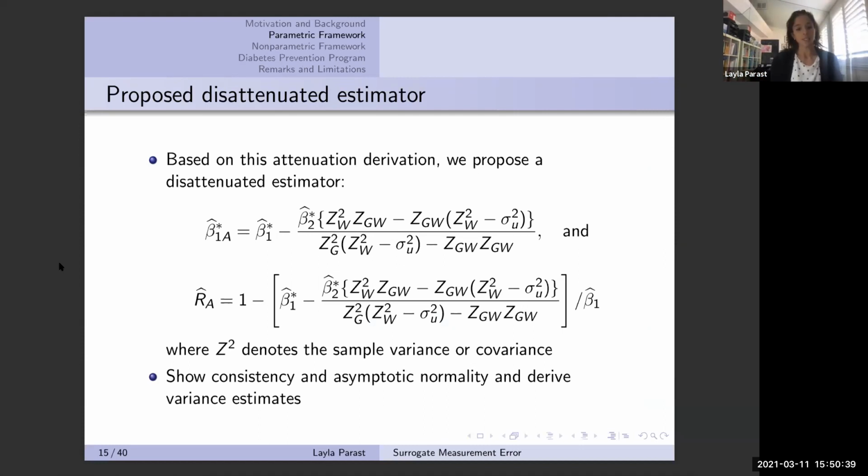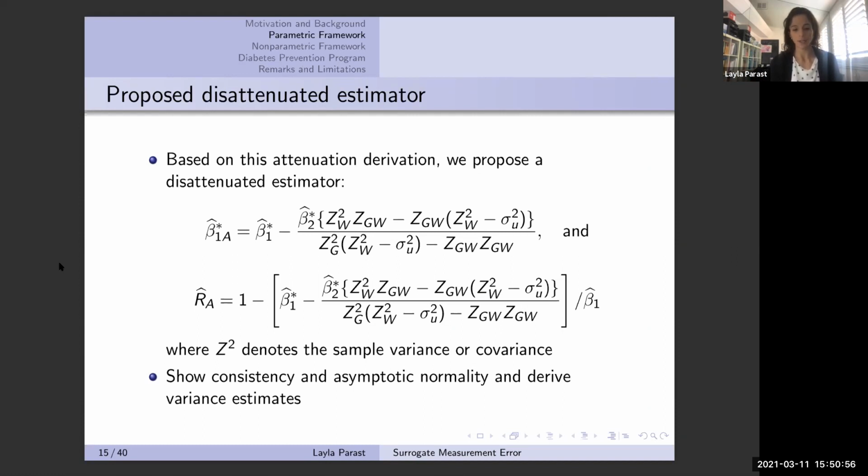For this disattenuated estimator, we show the consistency and asymptotic normality and derive closed form variance estimates. Of course, we always want variance estimates for our estimators.